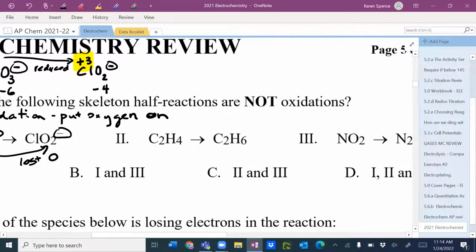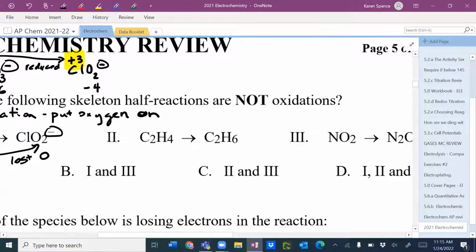Okay, in my second one, oxidation, I put oxygens on. Reduction, if I put hydrogens on, if I'm changing the number of hydrogens, and I can do that here because I've got the same number of carbons and I have the same charge, so I'm comparing apples to apples and not apples to oranges.